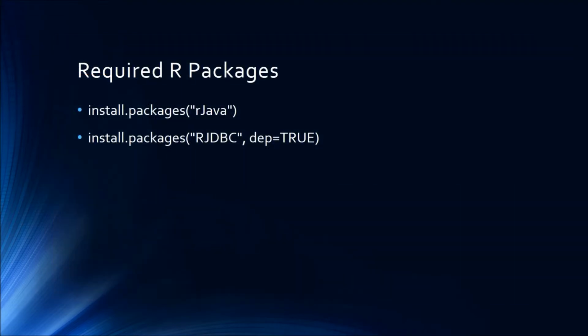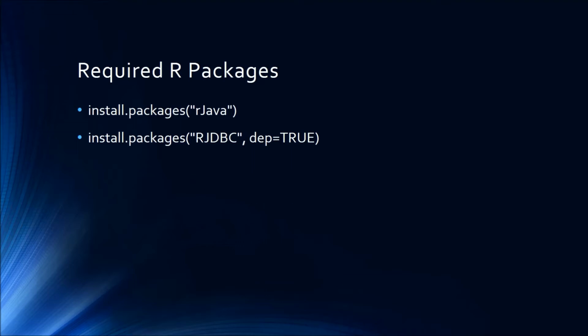You need to install two R packages to make a JDBC connection from RStudio to Db2 Warehouse. This is a one-time operation. The rJava package is a simple R to Java interface that provides a low-level bridge between R and Java.